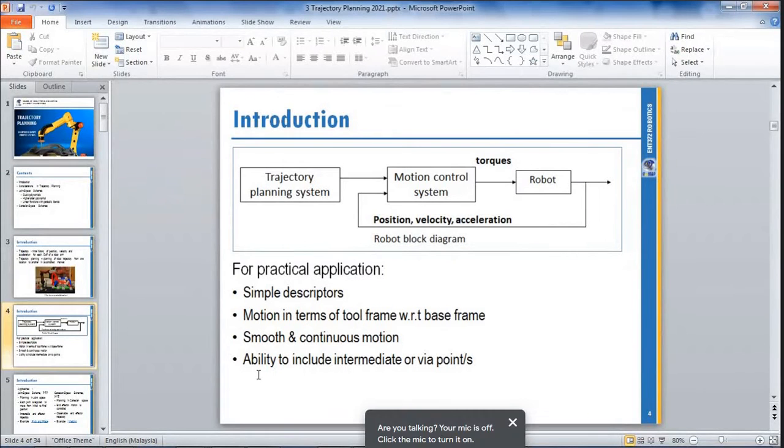You also have the ability to include intermediate or via points. That means if you have any position or any obstacle in your motion, you can avoid it by controlling your velocity in a smooth manner.